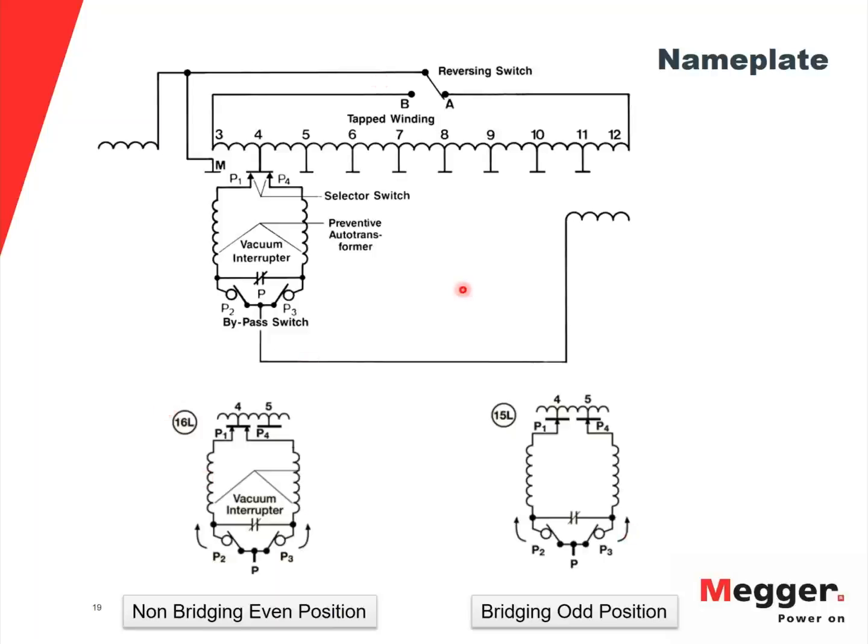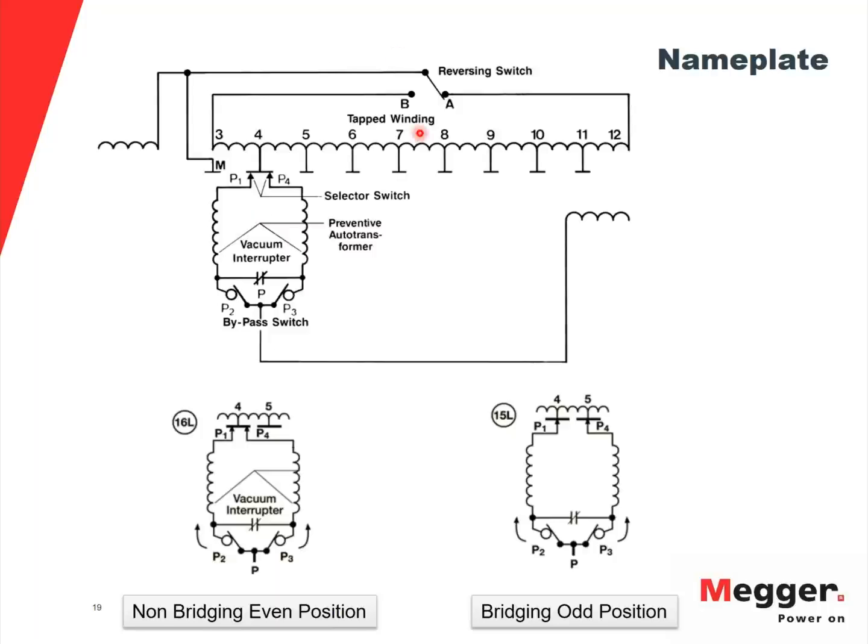So with this kind of configuration, out of 8 tap positions, I can get 33 tap positions, because if you consider bridging and non-bridging positions, and add a reversing switch to that, you get 33 tap positions out of this tap changer configuration.